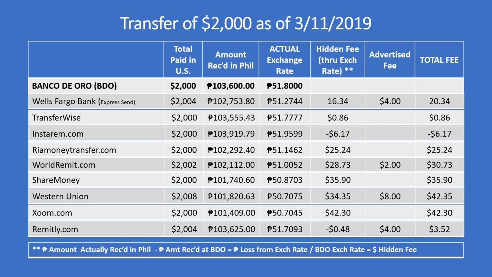So Xoom is pretty good if you just want to preserve the value of your dollar, and everything else, I believe all of them will have to convert into peso. There you have it. I made it a little bit more complicated so you can see how much is the fee they're charging upfront in terms of advertised fee, and how much fee you're paying without you knowing it, and that's what I call the hidden fee.